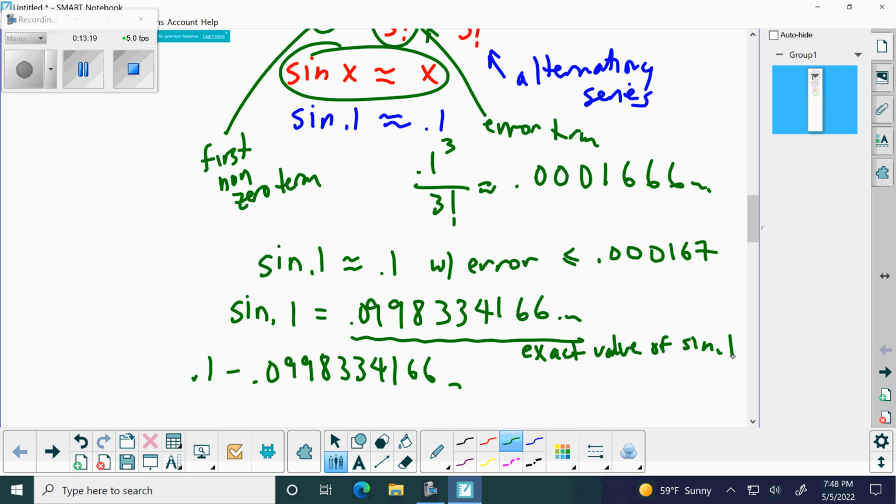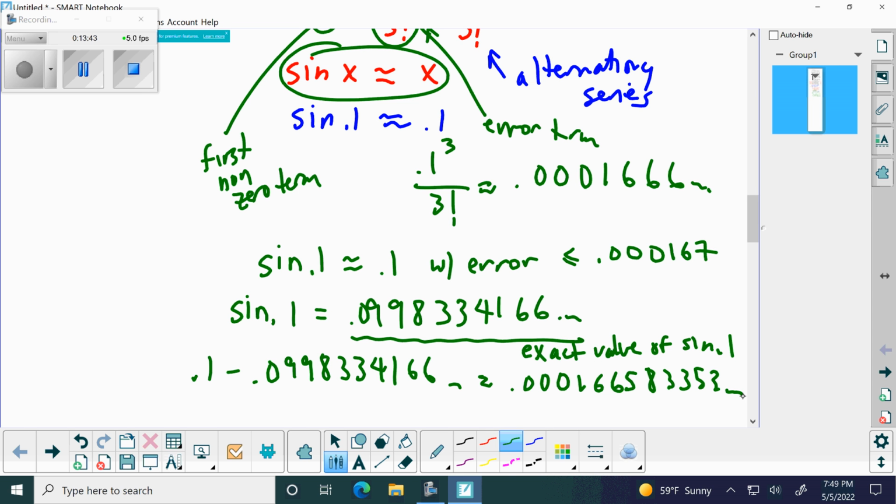If I take the difference, that difference is going to be equal to 0.000166583353 and so forth.